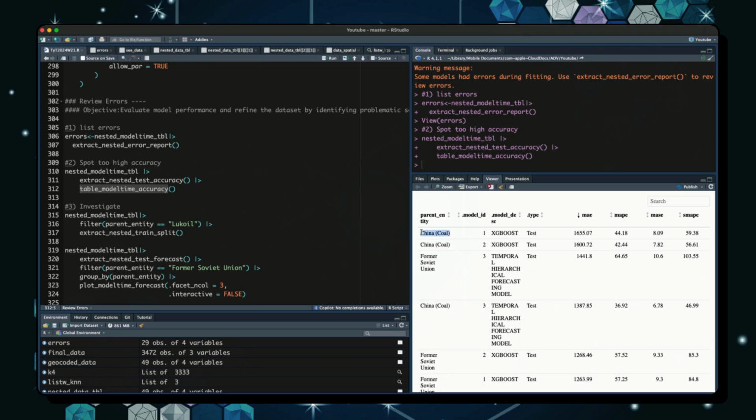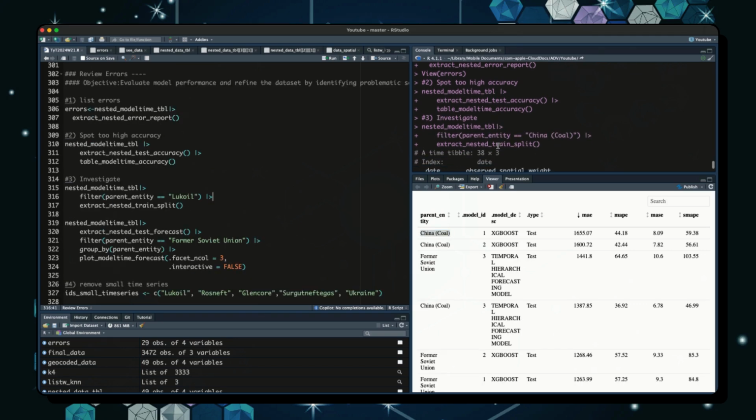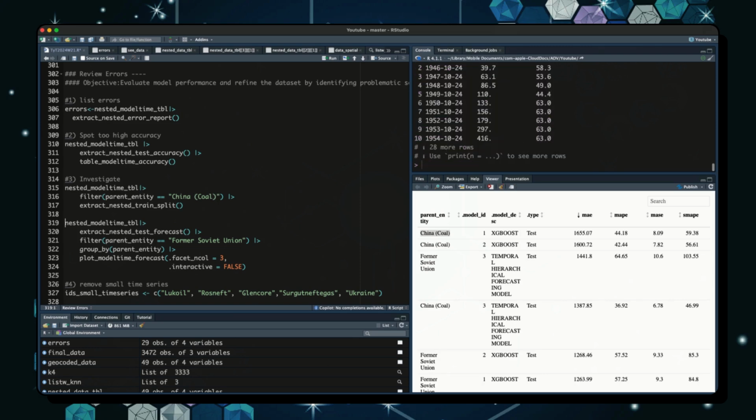So if you want to investigate what it is that is causing errors, you can try to extract the data.